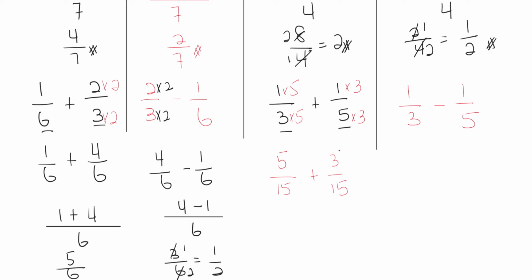So this is the easiest way to find a common denominator, by cross multiplying when both the denominators are not a factor of each other. So now since the denominators are common, I can copy and add the numerators and it becomes 8 over 15.